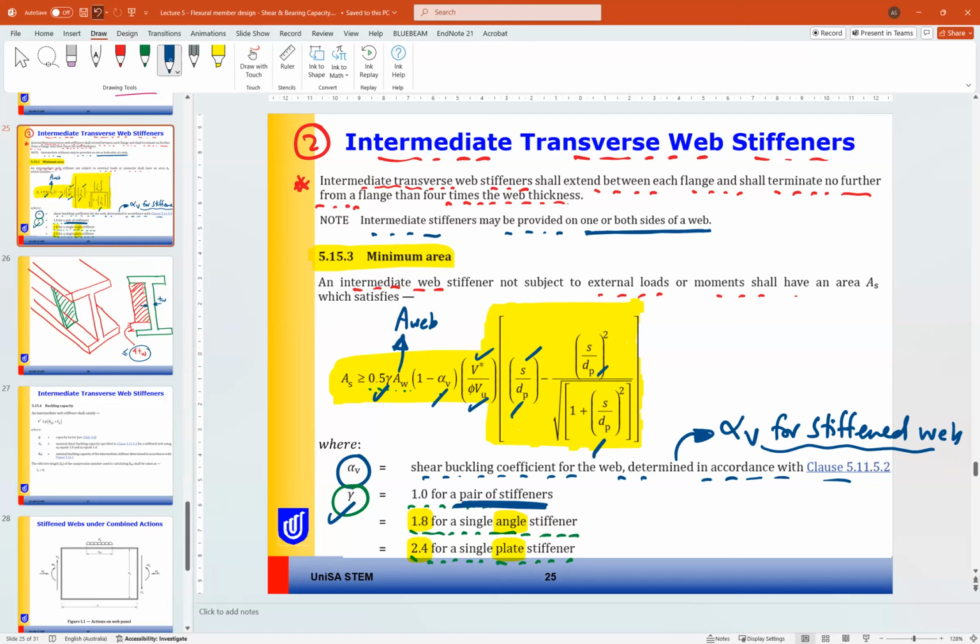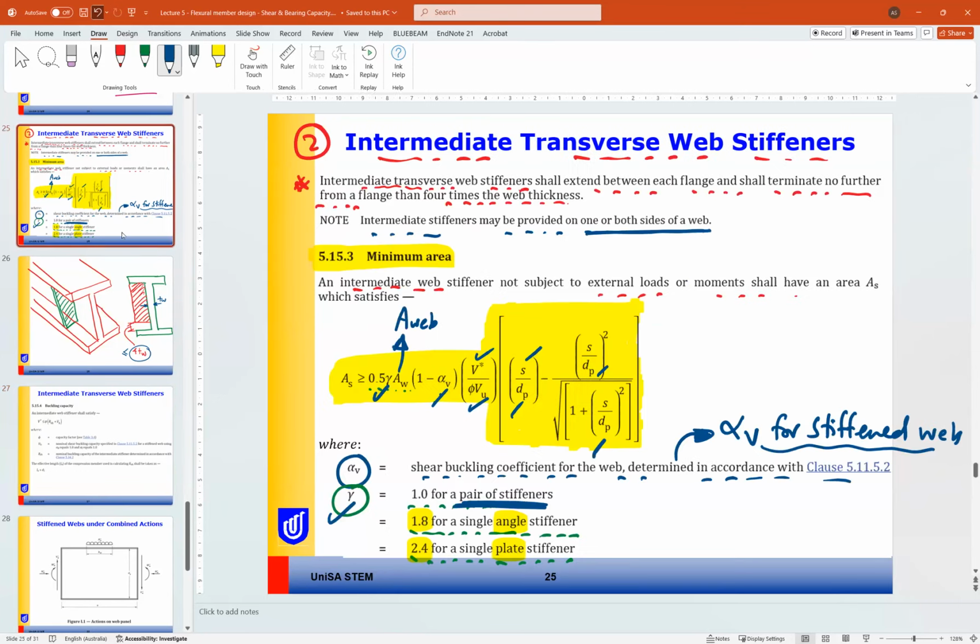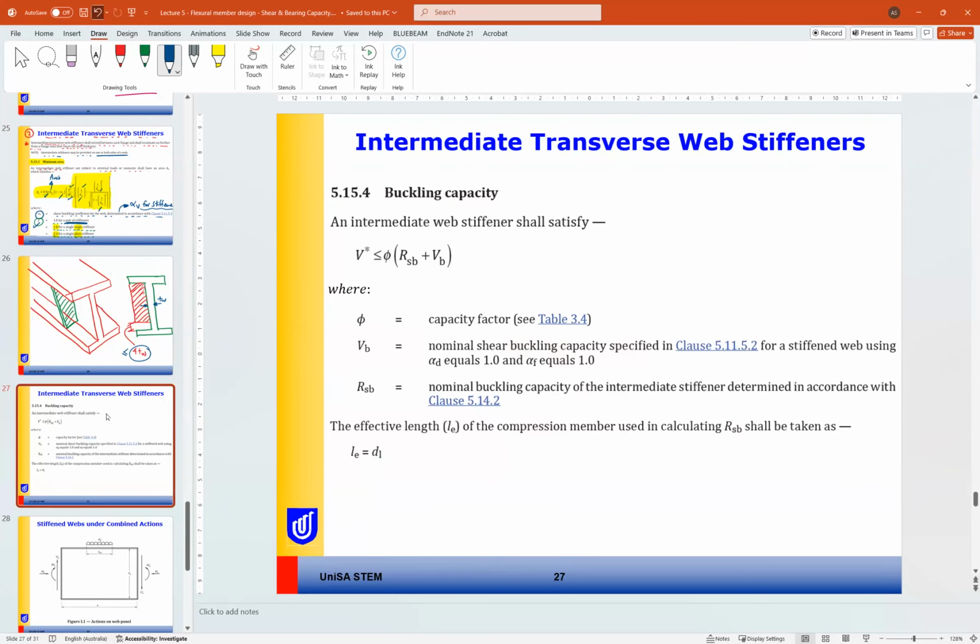So all the parameters are known except for gamma and α_v.